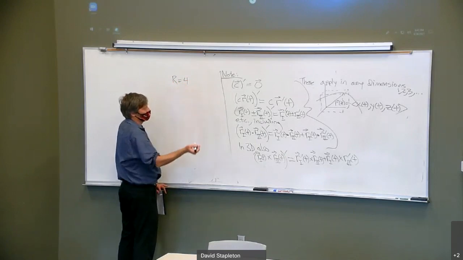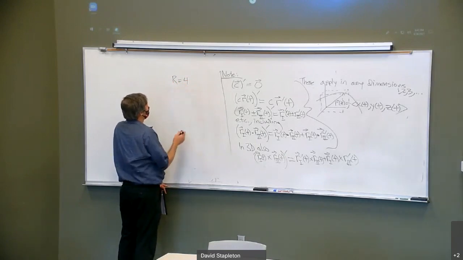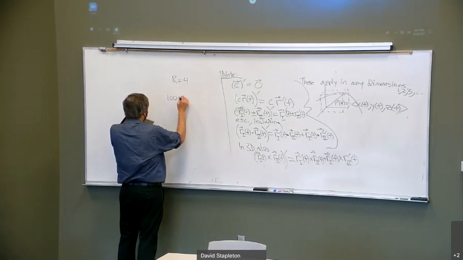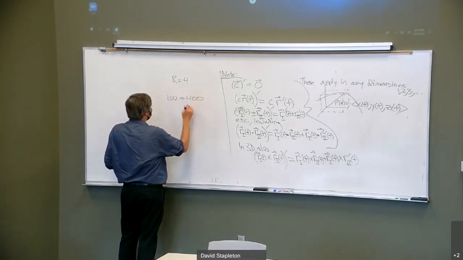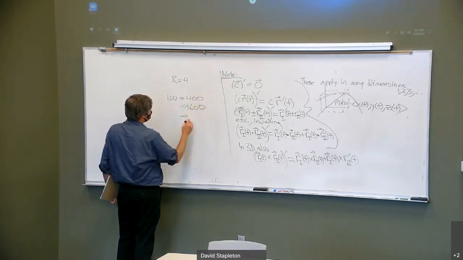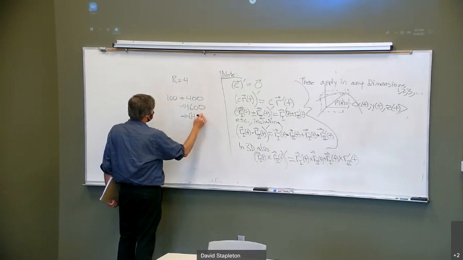Maybe if they do that within a week or when they catch it, then what happens is after 1 week, if you start with 100 people, say, after 1 week, you'll have 400 people. After 2 weeks, you'll have 4 times that, 1,600 people. After 3 weeks, you'll have 6,400 people.